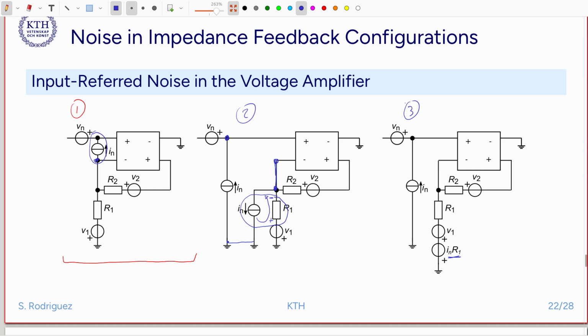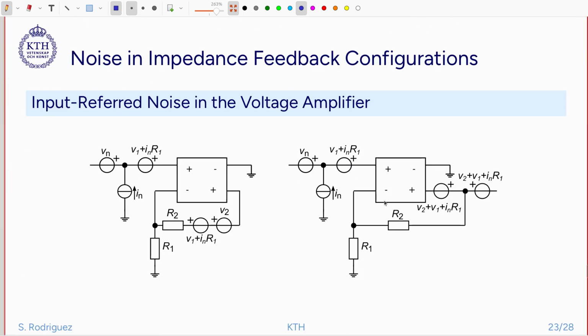Now we have a total voltage source here. We're going to start moving this one in these directions. When we push this voltage source, remember that the voltage difference here is 0 volts, so we deal with these two nodes as if they were at the same potential, as if they were a short circuit.